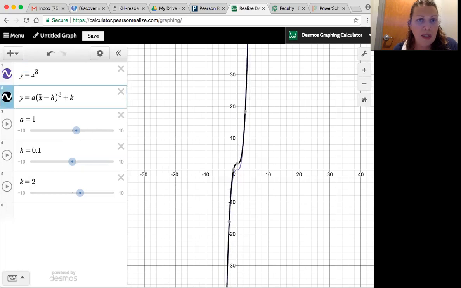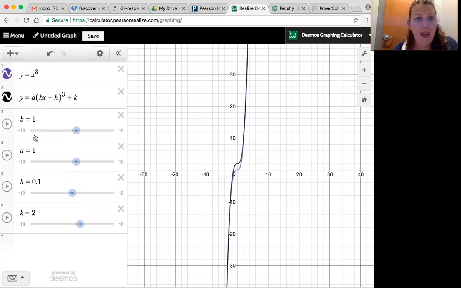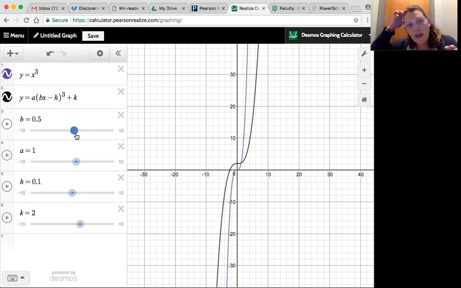And then I will do a B here, shall we say. And the B is going to be our horizontal stretch. So it's going to make it a little bit on the fat or the thin type of thing. So I encourage you to pull these up and play with them a little bit, because it's a great way to look at the different ways that a function can work.